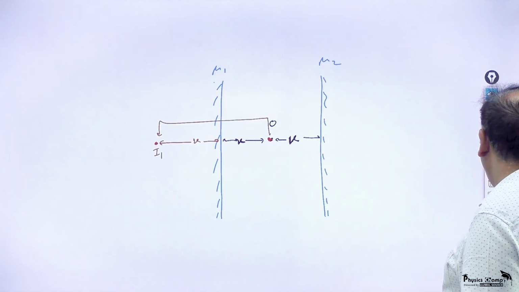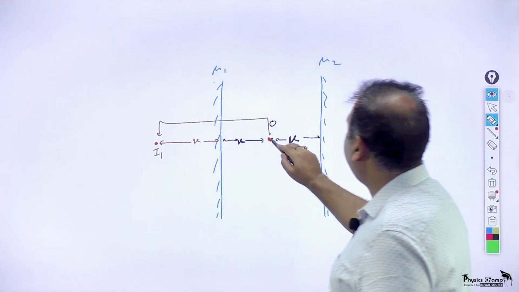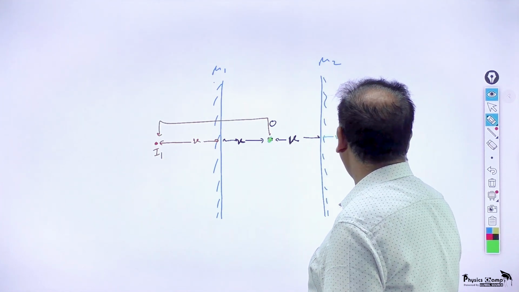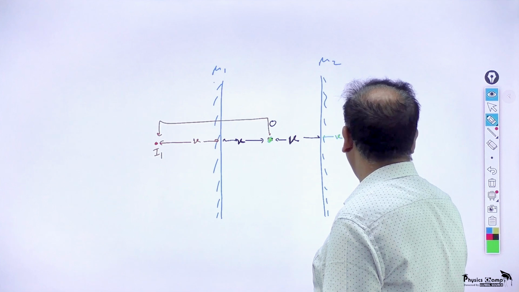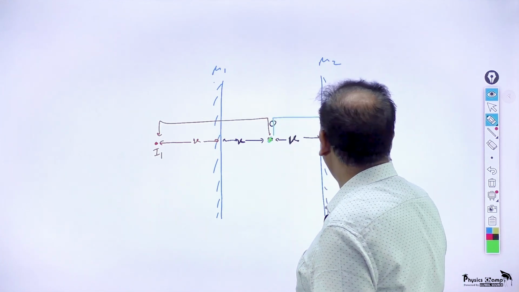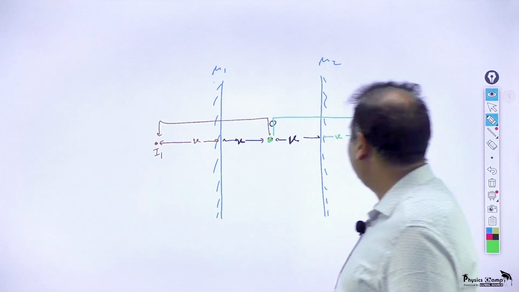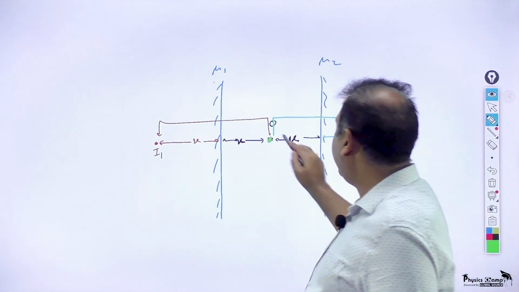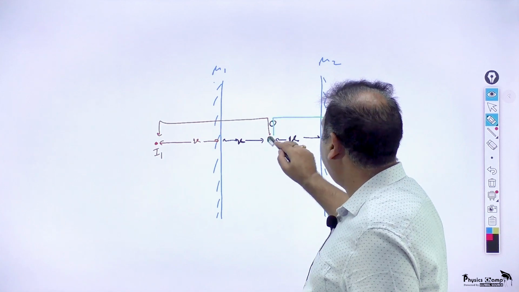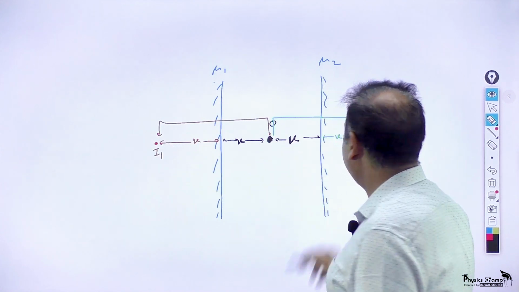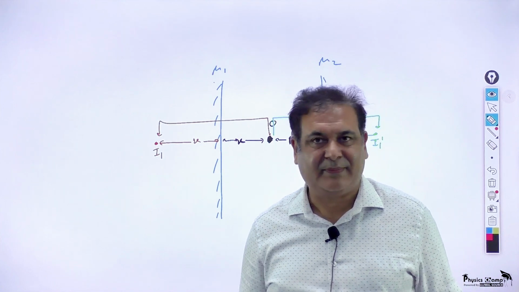Similarly, on mirror M2, at a distance x on the other side of the mirror, you will get another virtual image. So this object in the center will have its image here as well as here at a distance x.